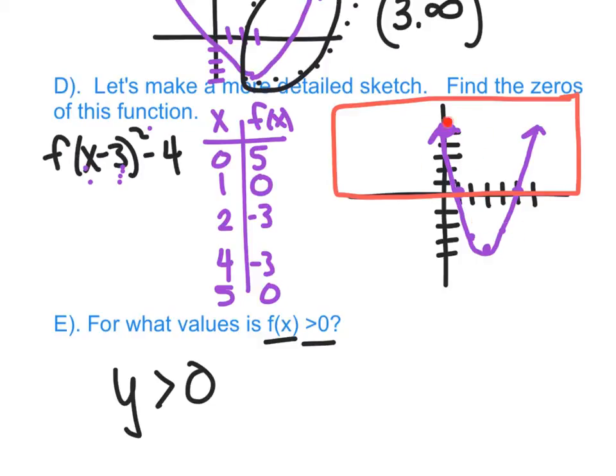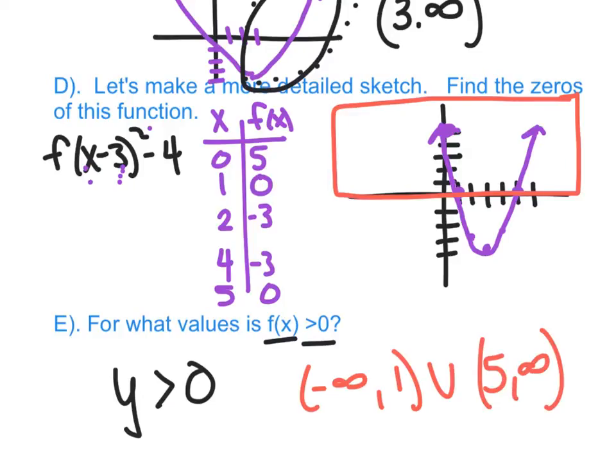There's this piece where it's above, then there's a break, then there's this piece. So I need to express this 2 ways. I'm always going to be above from negative infinity until my first 0, which is at 1, and from 5 to positive infinity. So again, I'm describing this section, left to right, negative infinity to 1, then this section left to right, 5 to infinity.